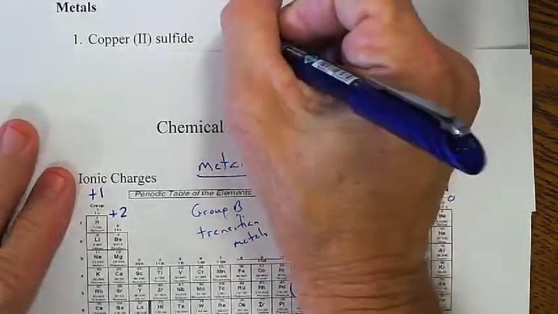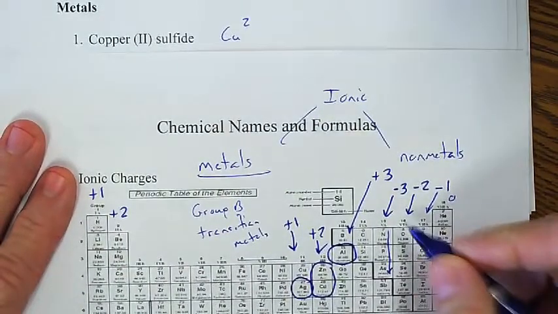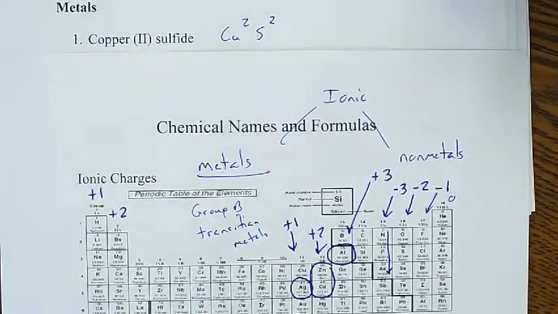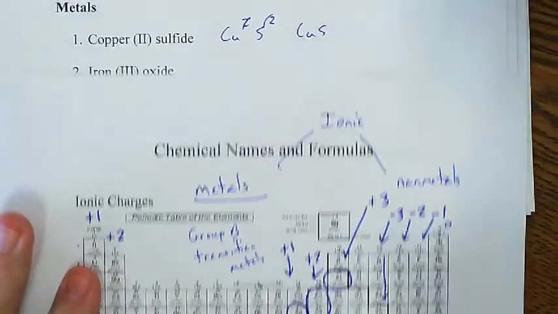So that's what the 2 means. It means the charge of copper is 2. The nonmetals, we know the charges of all of those. They're referring to sulfur there with the sulfide name. And so there you go. So they're both 2. Remember, we can simplify them. You end up with CuS.